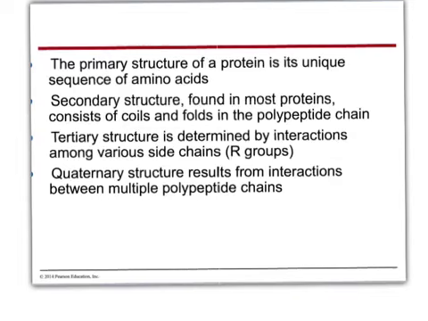Secondary structure is found in most proteins and consists of coils and folds in the polypeptide chain. We'll talk about alpha helices and beta sheets, and that interaction between parts of the amino acid chain. Your tertiary structure is determined by fitting in those R groups that stick off the side of the amino acid chain.